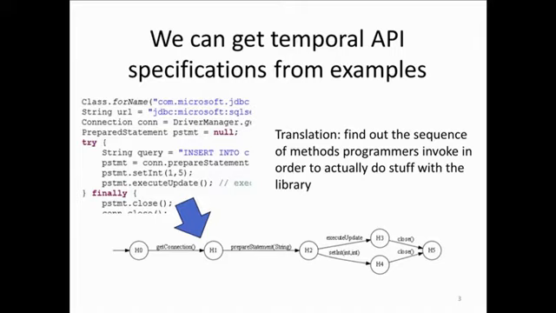So what we would like to offer is the ability to look at code and get from it a type state that you can use, a temporal specification, which is: you should do this, then this, then this. Find out the correct sequence to use in order to do stuff.